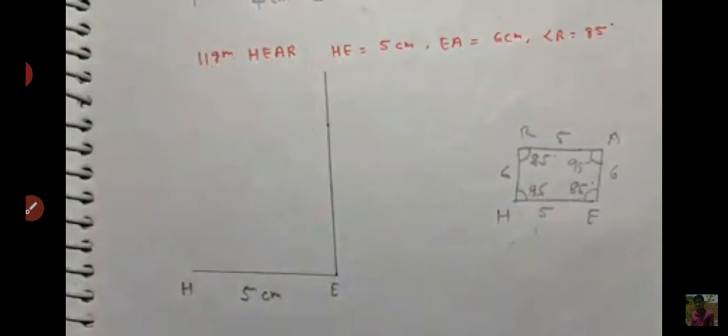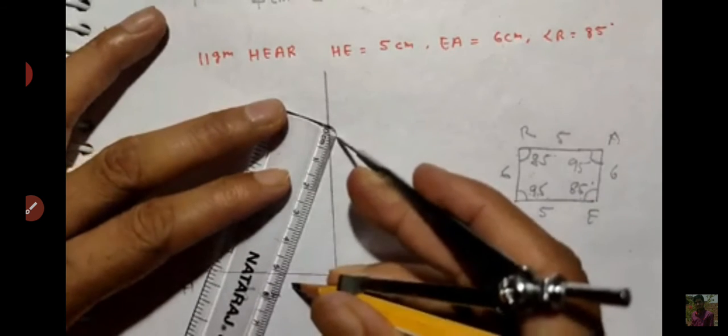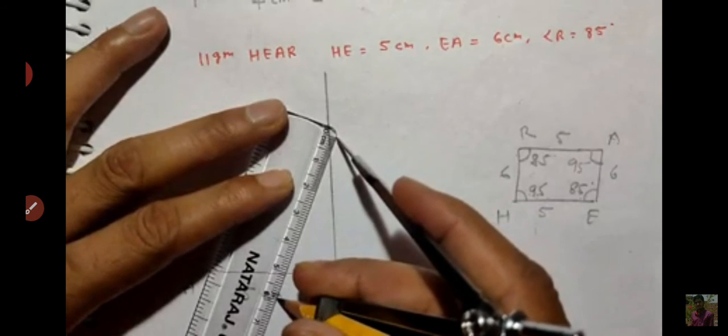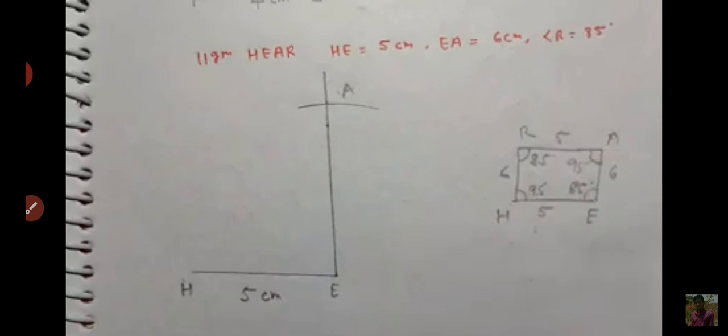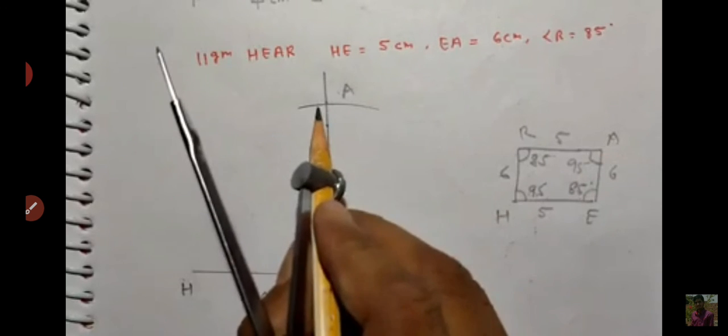Now 95 degree, 6 centimeter. So taking EA equal to 6 centimeter, draw an arc, taking E as a center. This is your point A. This is your point A, that is 6 centimeter. Understand? Two adjacent sides are given. Okay.